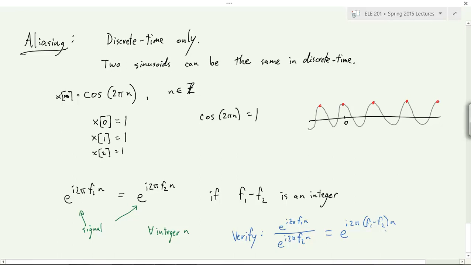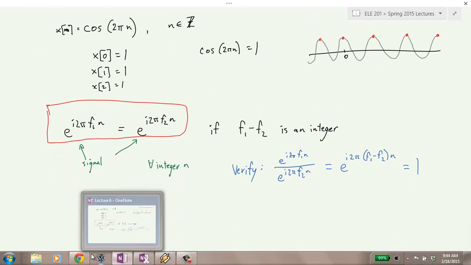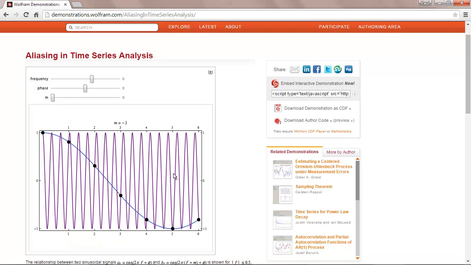So, of course, e to the i 2 pi integer times n is 1. So there we go. Aliasing. This is the important formula for aliasing. We're going to come back to this notion of aliasing because in signal processing it is referred to a lot, especially in sampling, which is a topic we'll cover. Aliasing becomes an important consideration. But for now, just think of it as this formula. And here's an example just to illustrate how this happens for other sinusoids as well.